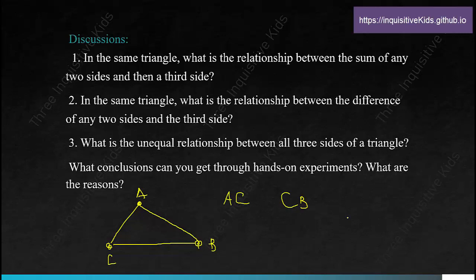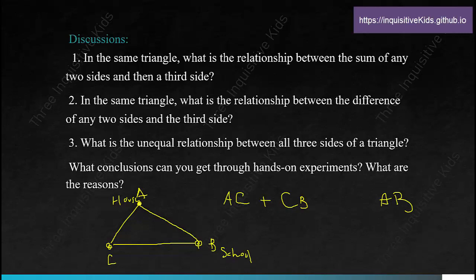So I want to find what is the sum of AC and CB compared to AB. It would seem obvious that AC plus CB is more than AB. And we can prove that by saying this is the boy's house and this is the school.